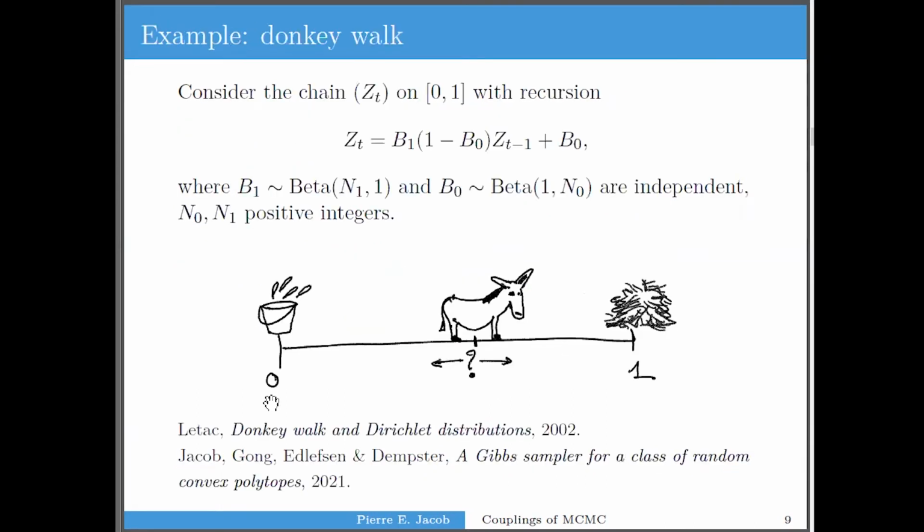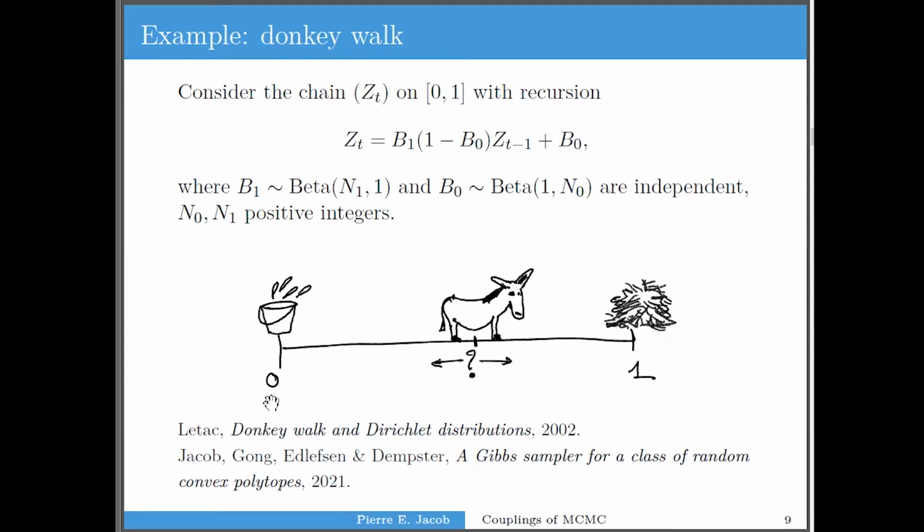Okay. So here's an example to show how precise and simple a coupling-based analysis might be. This is called a donkey walk because it's been called that by Gérard Letac in his 2002 paper. And it's called a donkey walk because it's representing a Buridan's donkey.